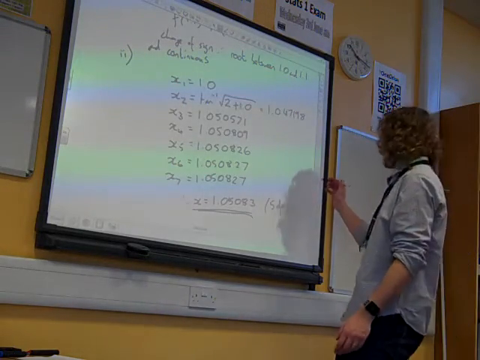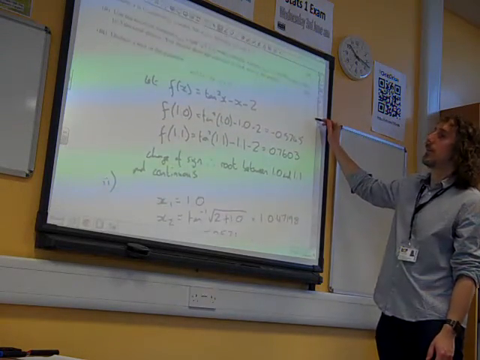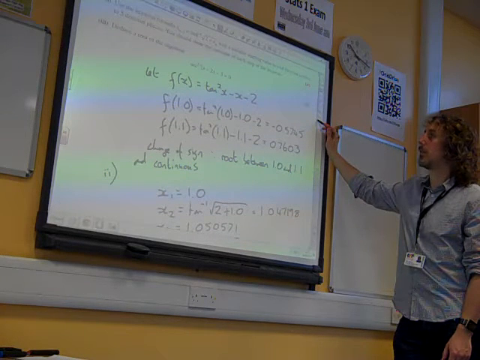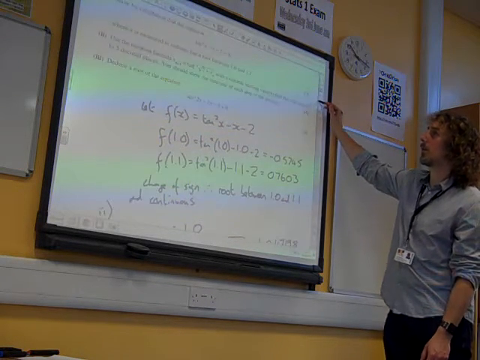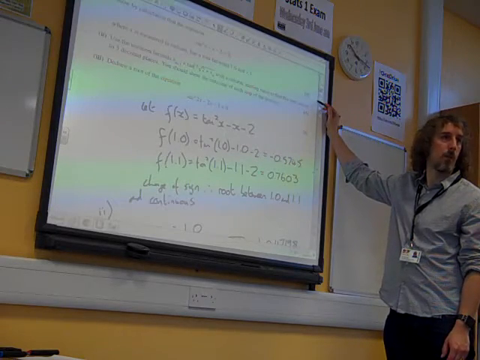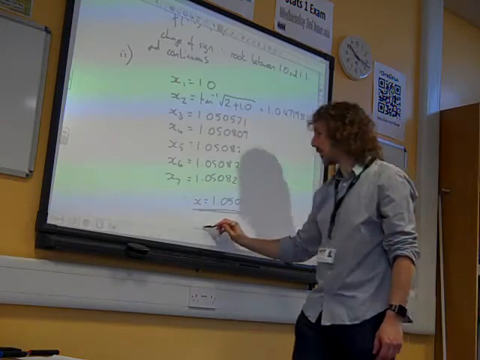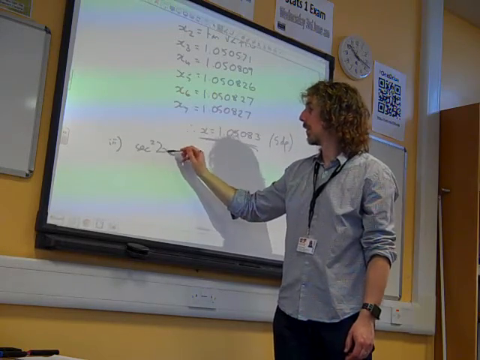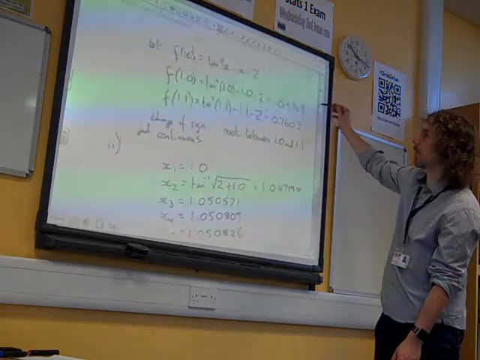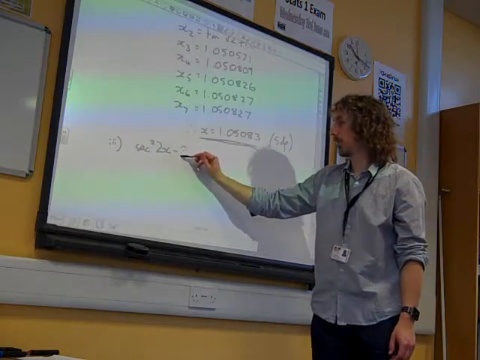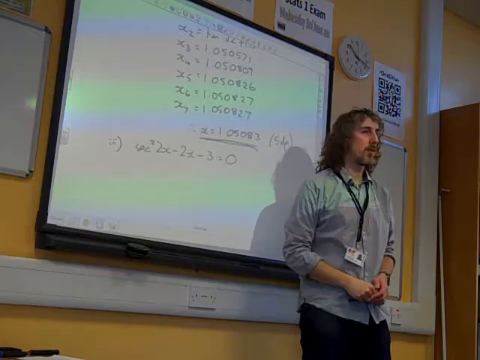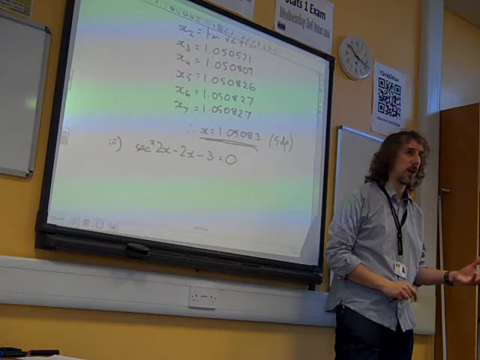Then the question went on to say, deduce a root of the equation x squared minus 2x minus 3 equals 0. So what's the link with this one? Well, first thing we noticed, we've got a link here between x squared and tan squared.